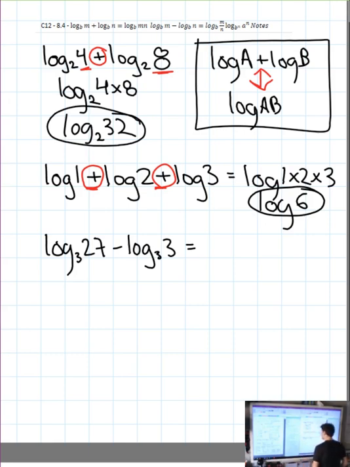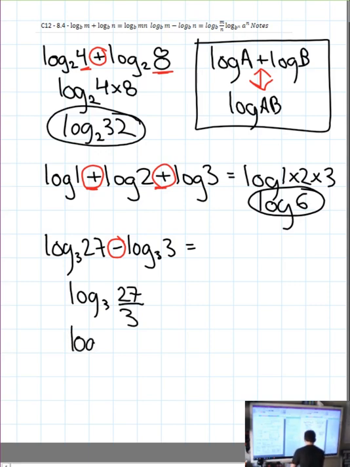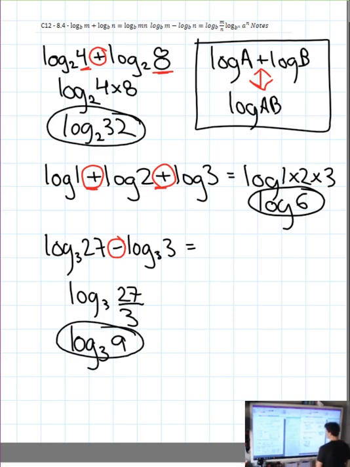So there we have a subtraction, and that turns into a single log. Keep the base, and we're going to have a fraction, 27 over 3. Now 27 divided by 3 is just simply 9, so we simply have log 9. Again, we can answer the question, what power do you have to raise 3 to equal 9? 2. But for this purpose, we're just turning them into a single log.